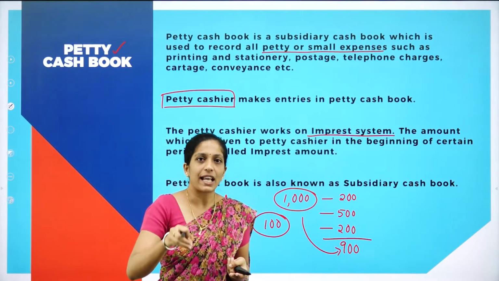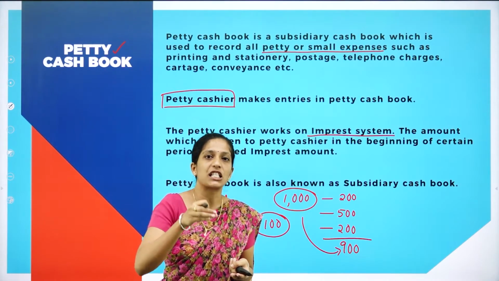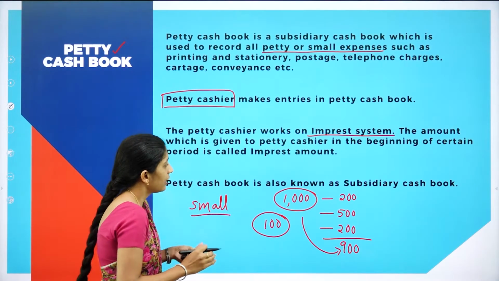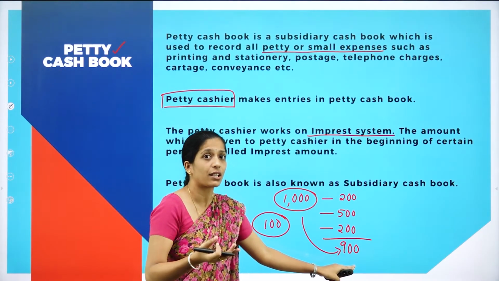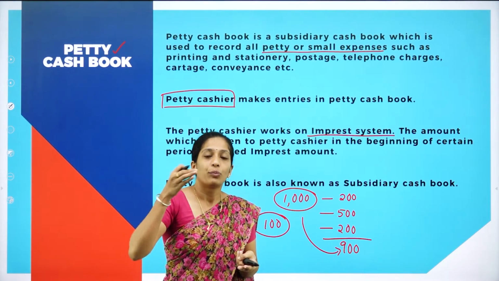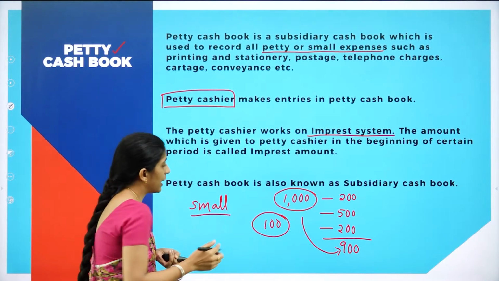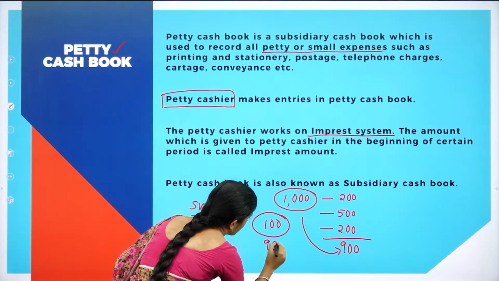At the beginning of next month, the main cashier will reimburse the amount which has been spent by the petty cashier. How much has the petty cashier spent? That is ₹900. So 900 rupees will be reimbursed by the main cashier at the beginning of next month.